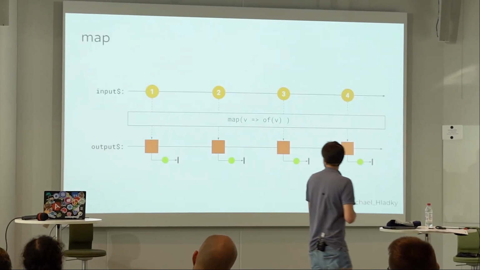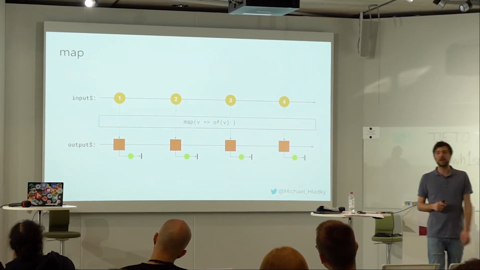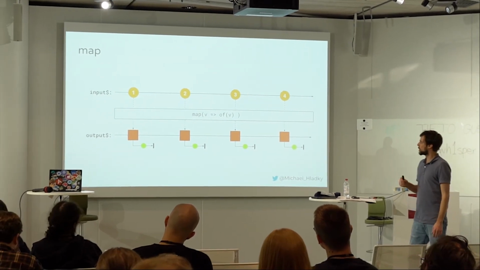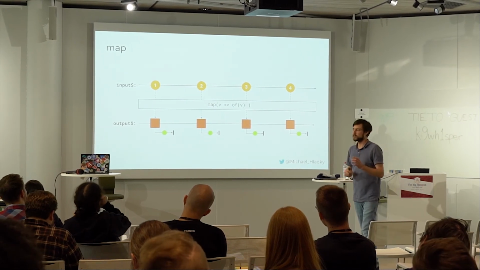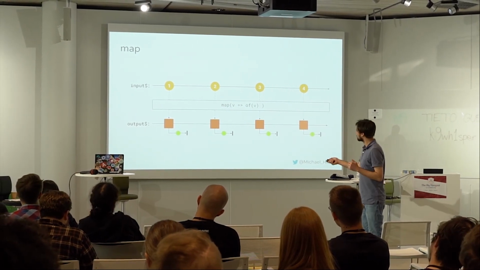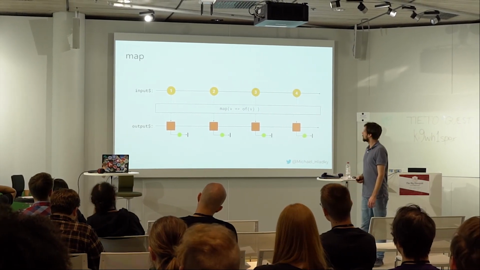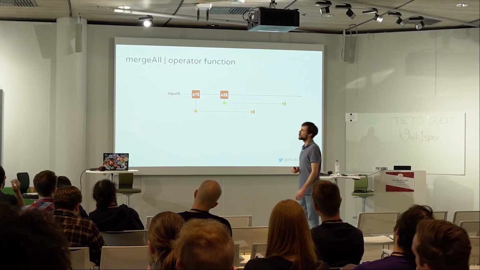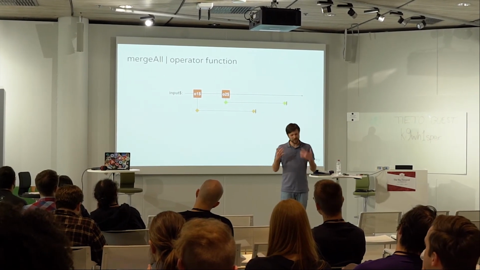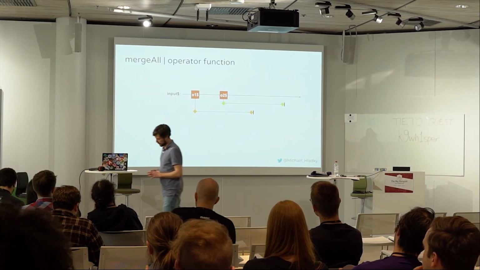I will only focus on one of those observables. Just to quickly recap, we have this map operator, and this map operator can turn a single value into another higher order observable here. So this is basically the pattern that you should have in mind when you think about all operators. And I want to talk about the merge all operator, because it is, I guess, one of the easier ones to think about.